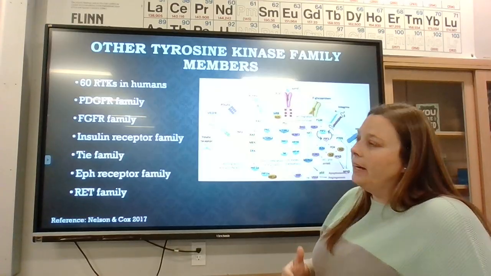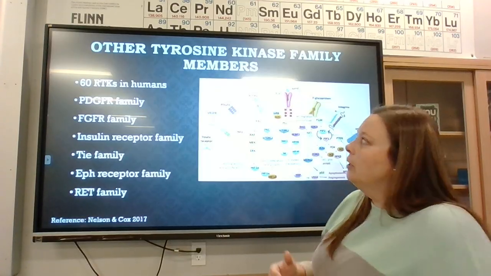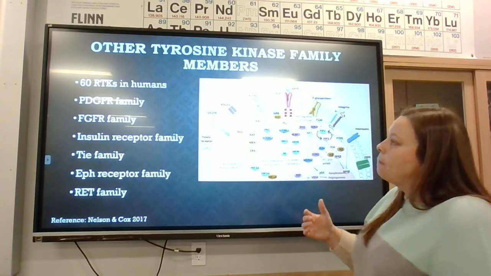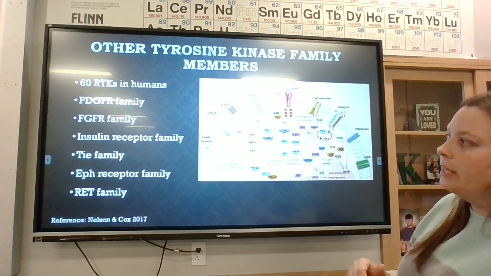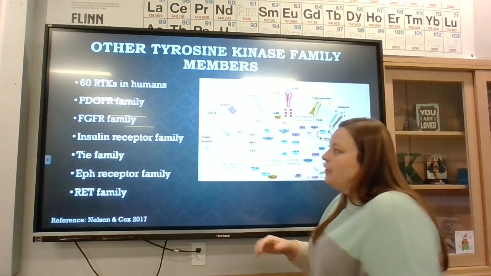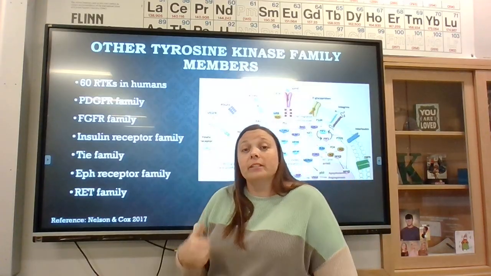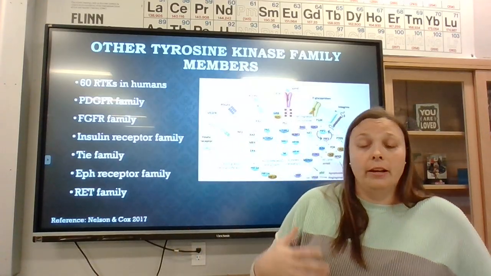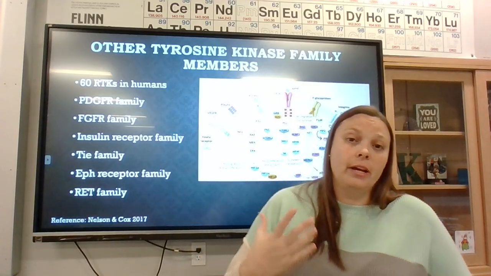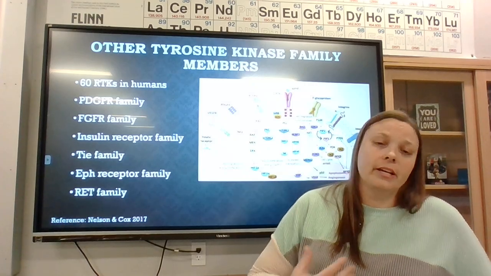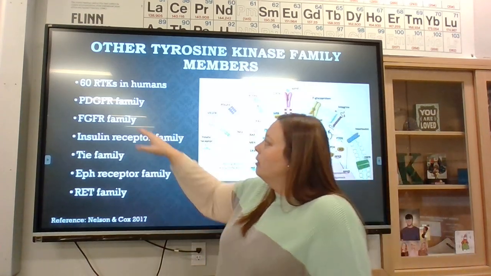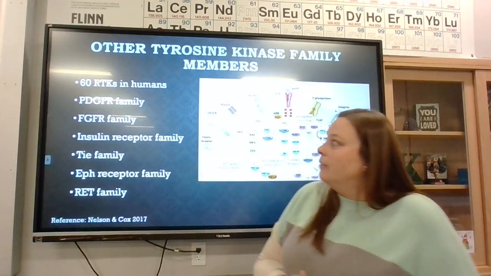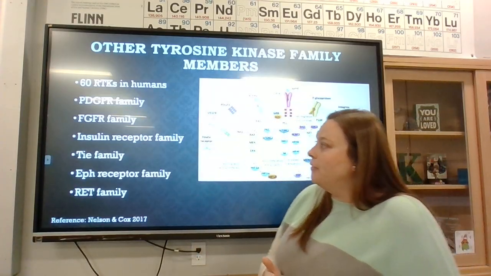So there are about 90 tyrosine kinases that are receptors in humans. Some of the other families that act similarly as well as have similar drugs that can inhibit cancers, and that we're working on currently in the scientific community to try to battle cancers, are things like the PDGFR family, the FGFR family.